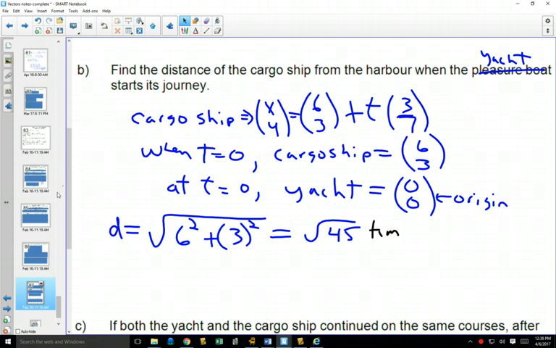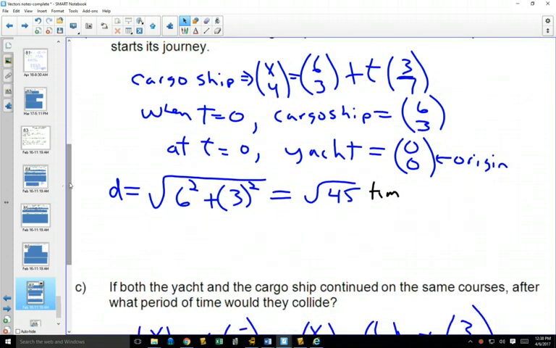Now you're going to start to see the theme of today's class. If both the yacht and the cargo ship continue on the same courses, when will they collide? It's much more fun to make things collide than have them narrowly miss each other. So what do we know?